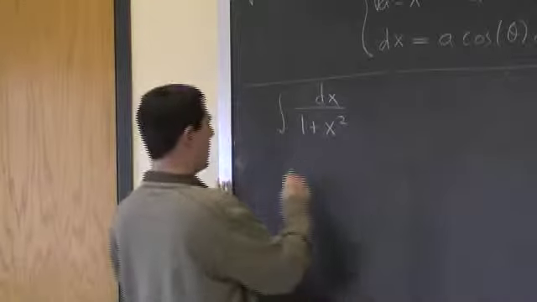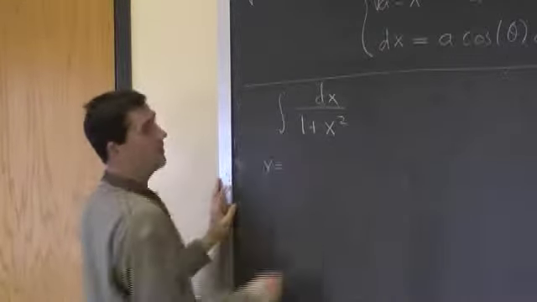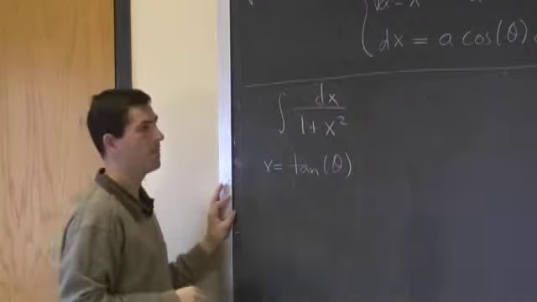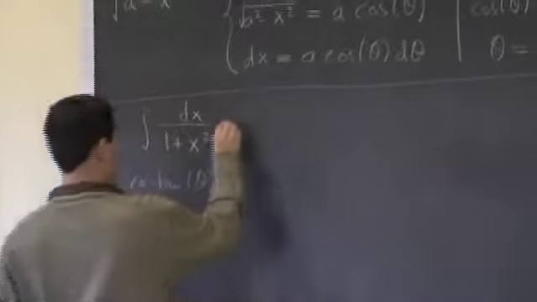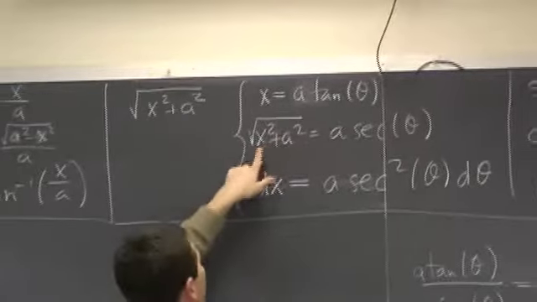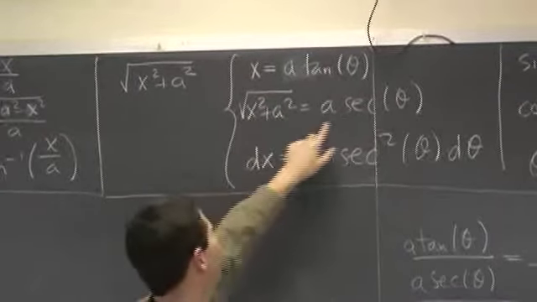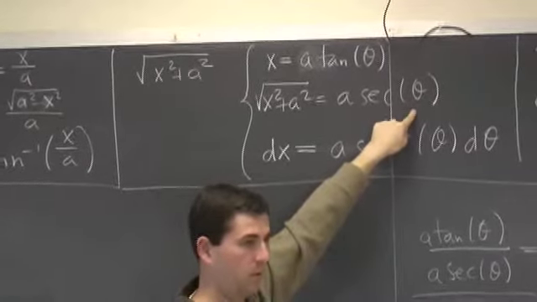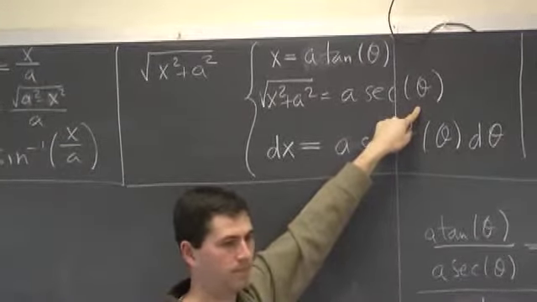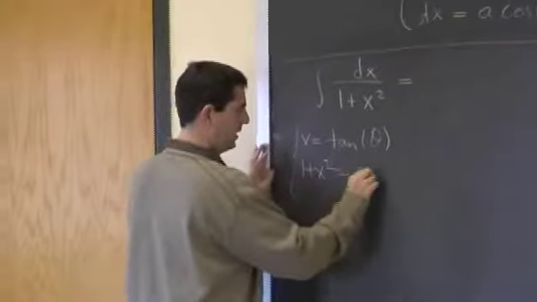So let's try using the substitution x equals, well, a here is just 1, so tangent of theta. Let's write our things down. Then, if the square root of x squared plus 1 is secant of theta, what will 1 plus x squared equal? Secant squared. So 1 plus x squared becomes secant squared.